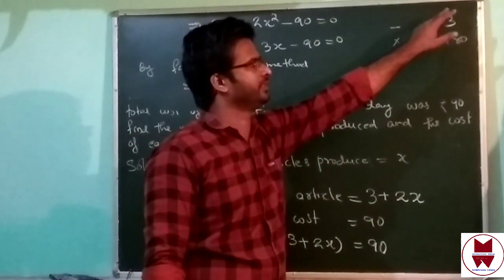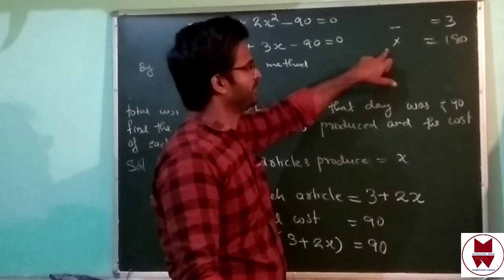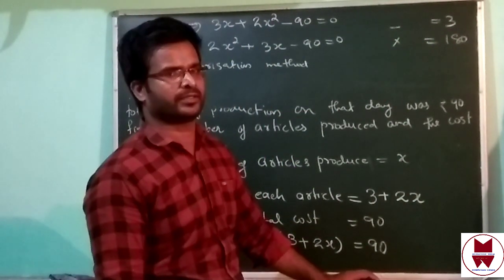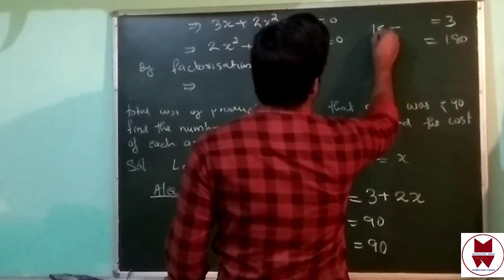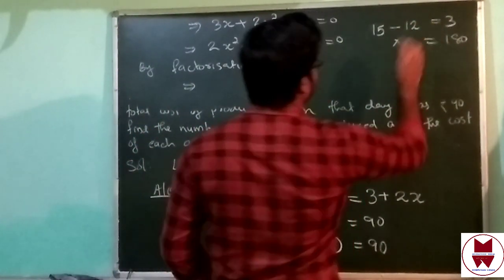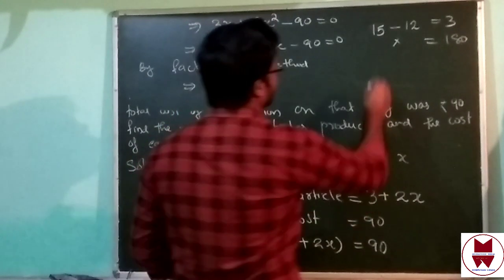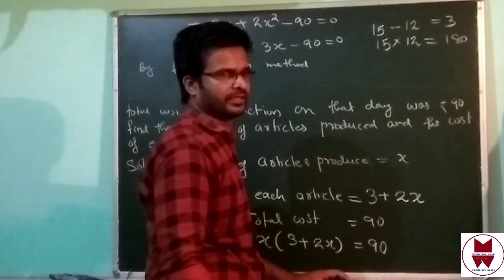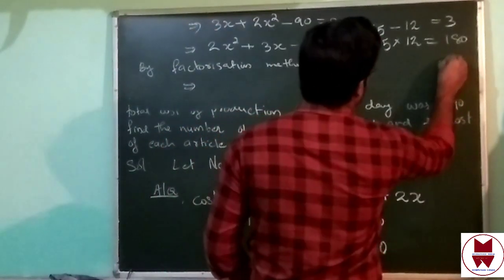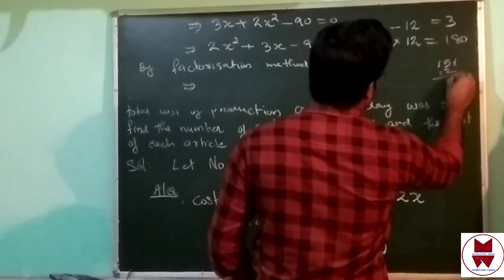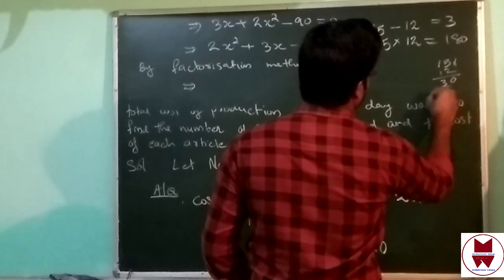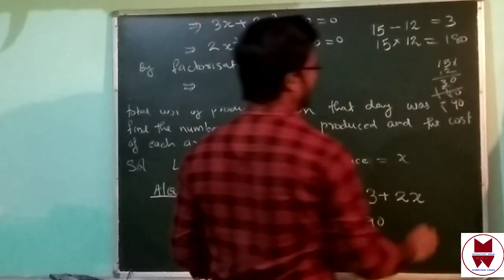When you subtract, we need 3, and when you multiply, we need 180. Which are the numbers? 15 and 12. 15 minus 12, you will get 3. Then 15 into 12, you will get 180. You can multiply and check it. 180 you will get, isn't it?